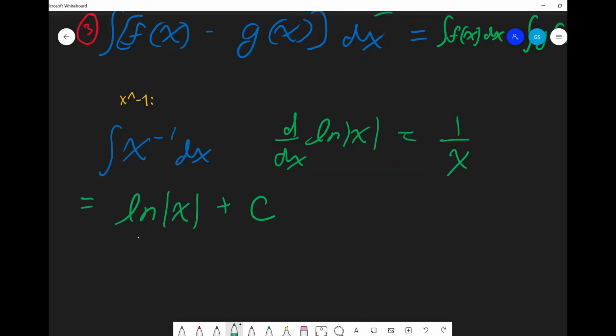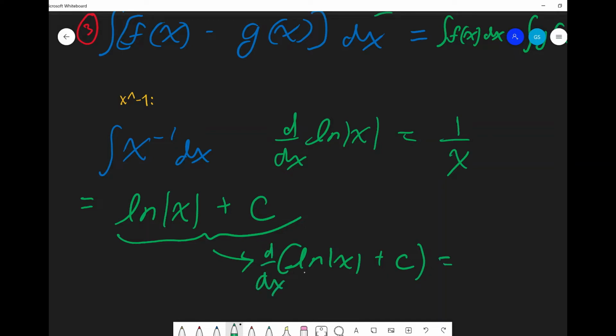Now, if you're differentiating this entire thing, we're taking the derivative of this, right? So this guy would turn out to be 1 over x, and c is a constant, so that's just 0, so plus 0, and 1 over x is just the same as x to the negative 1. So we see it works out.